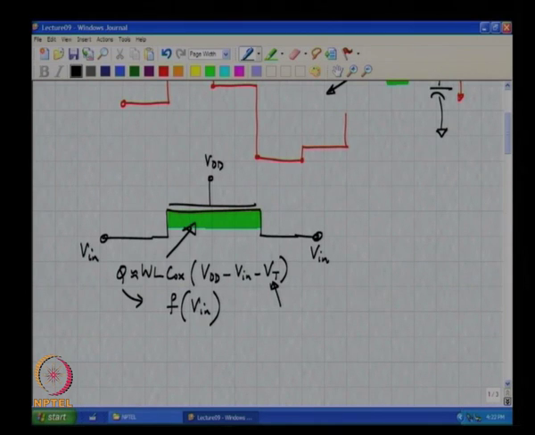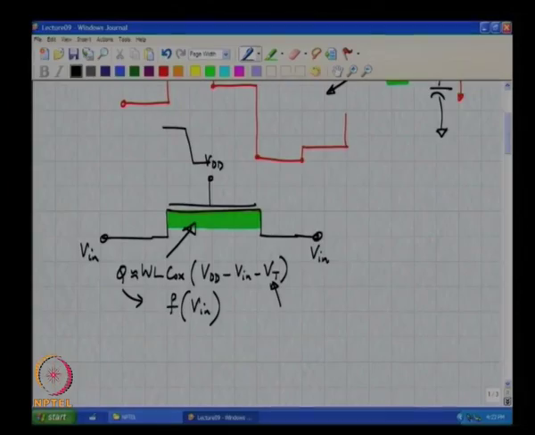So when this potential at the gate goes from high to low, and when does it go from high to low? When you are transitioning from the sample phase to the hold phase, that is when you are turning the switch off, and to turn the switch off, what are you going to do? You are going to yank the gate towards ground. Now the question is, what happens to this charge?